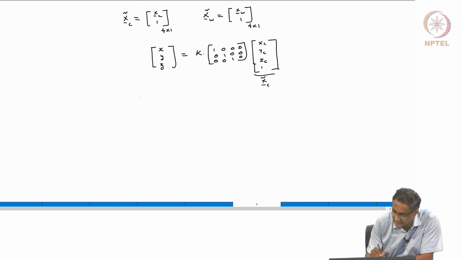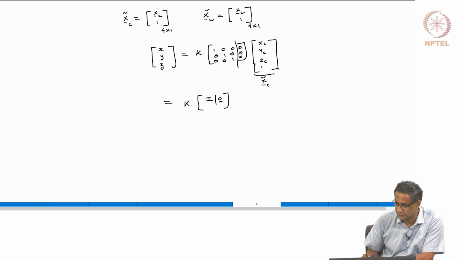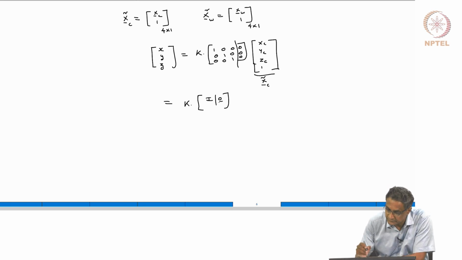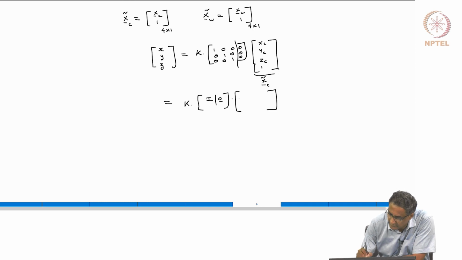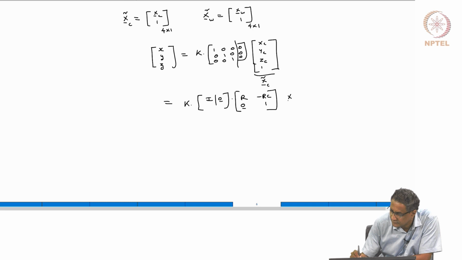Then you can express that as K times, and this matrix we typically partition as identity I and a 0, where 0 is a 3 cross 1 vector and I is 3 cross 3. That is a short form, instead of writing 1 0 0 and all. So this portion will look like this: we have R and then minus RC, and 0 which is a vector, 1, and then xw tilde.